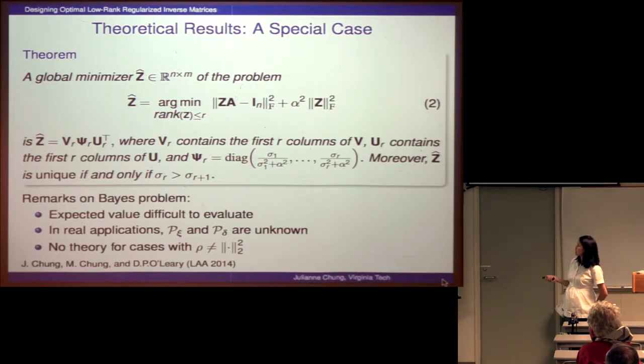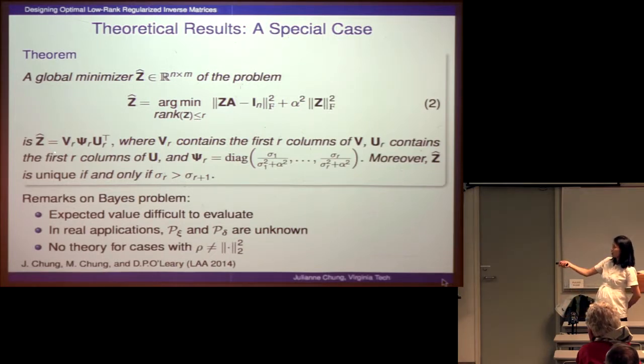What it says is that if I want to find a minimizer of this function here, the global minimizer has a special form here, Z hat, where U and V come from the singular vectors of A, and psi R is just a diagonal matrix of, essentially, the Tikhonov filter factors.